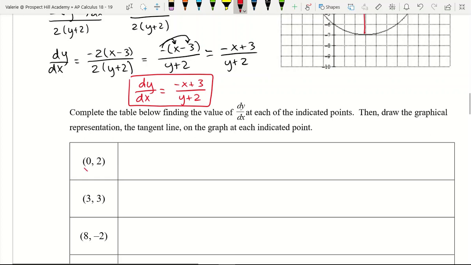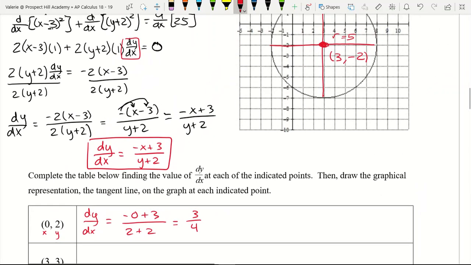So since our x in this case is 0 and our y is 2, we know that dy/dx is going to be equal to negative 0 plus 3 over 2 plus 2, which is just 3/4. So that's our derivative at (0, 2).